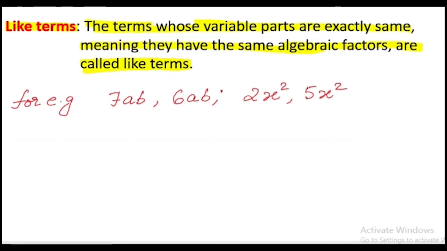You can see ab is the variable, here also ab is the variable. That is why 7ab and 6ab are like terms. Here x square and x square, so these are also like terms.